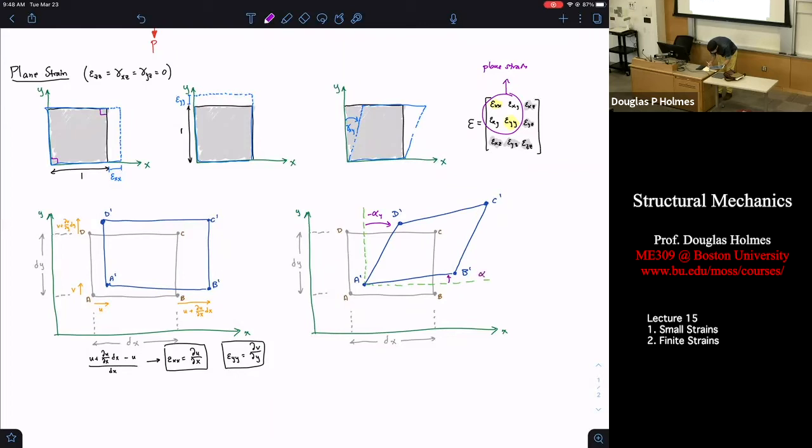So we'll call this one alpha x. So the question is, what are these angles?